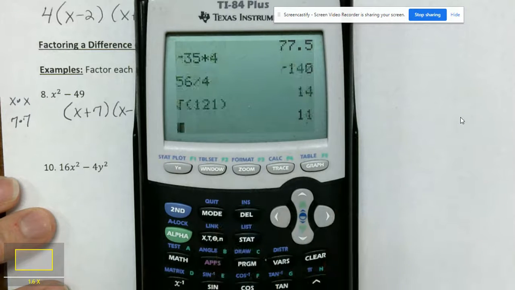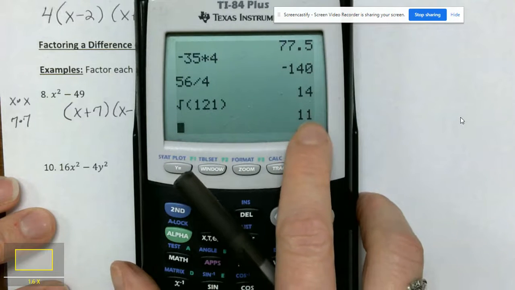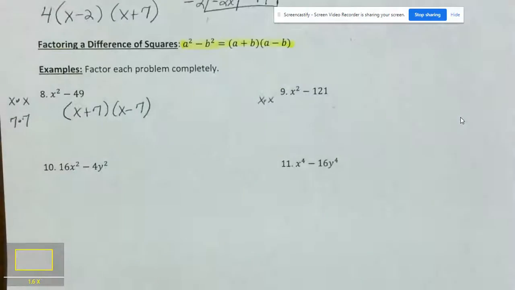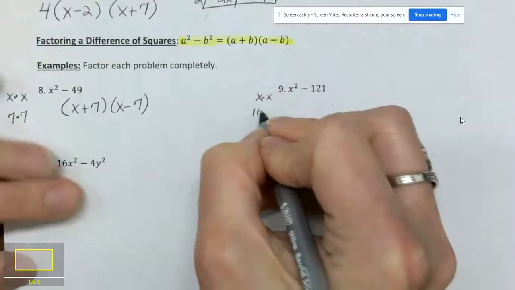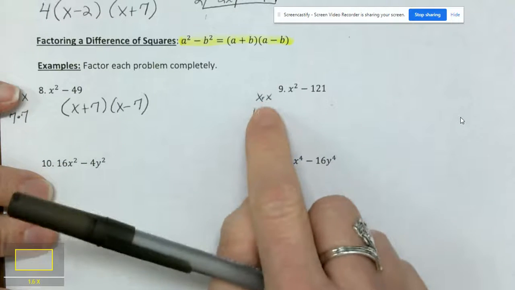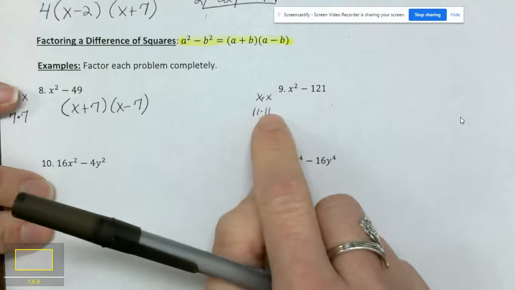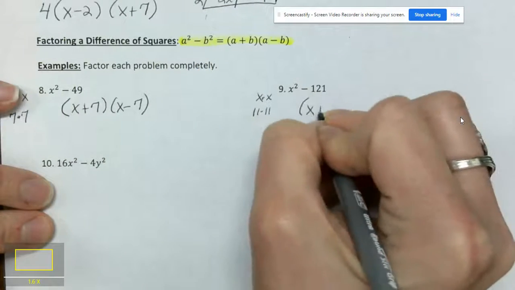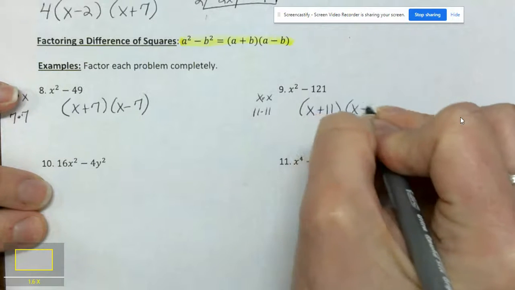If it's a perfect square, this is going to end up being an integer, not a decimal. So this one works. The square root of 121 is 11. So this can be written as 11 times 11. So it is a perfect square. So my two numbers, or my variable, my number here, are x and 11. So if I apply this, this is going to be x plus 11 times x minus 11.